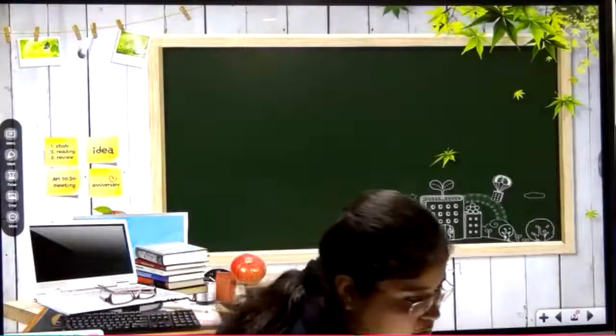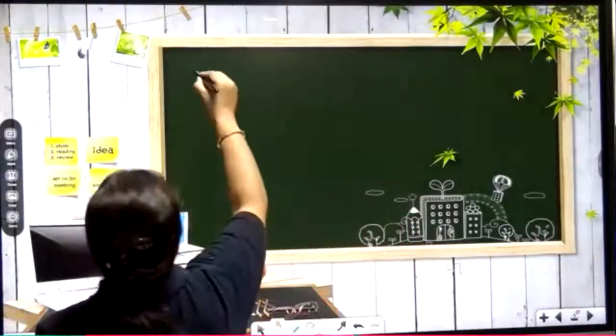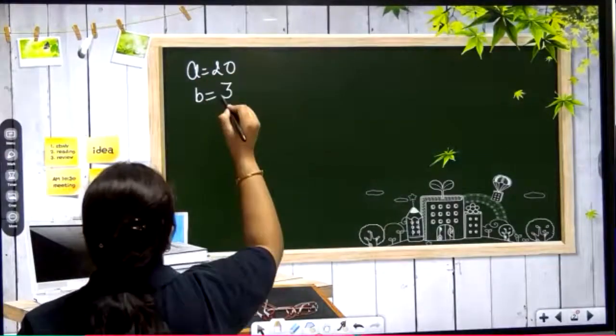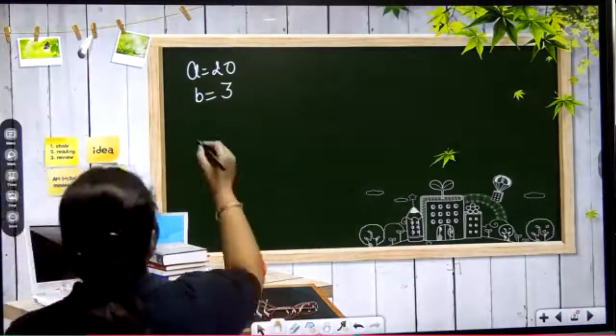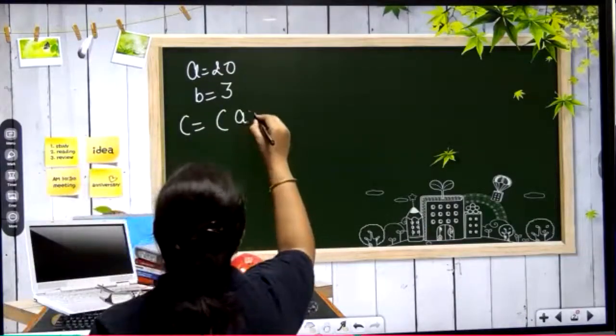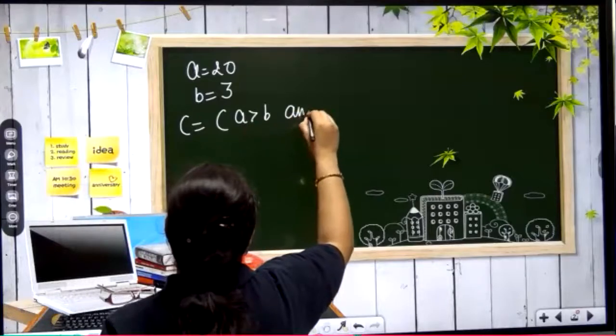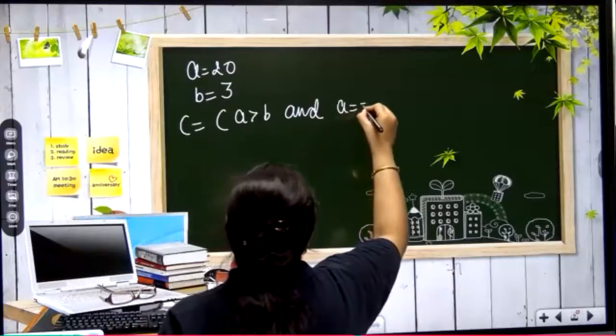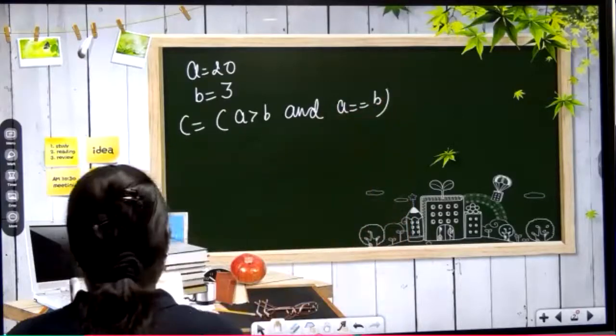So according to your book example, we have A is equal to 20, B is equal to 3. First we print the value, then the condition we have is C is equal to A greater than B and A equal to B. Okay.